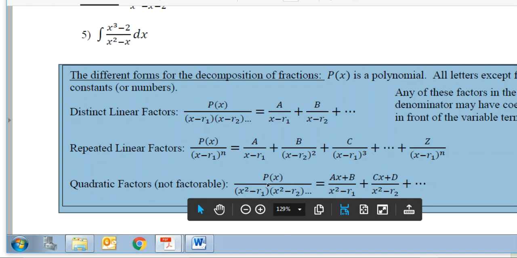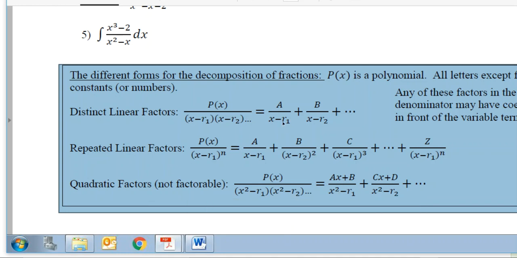And if you have a quadratic factor, like x squared minus r1, that doesn't factor, you should have an ax plus b over the top of that. Again, it's got to be something that you can't break down. If you can break it down, break it down into distinct linear factors. But if you can't, go with that.